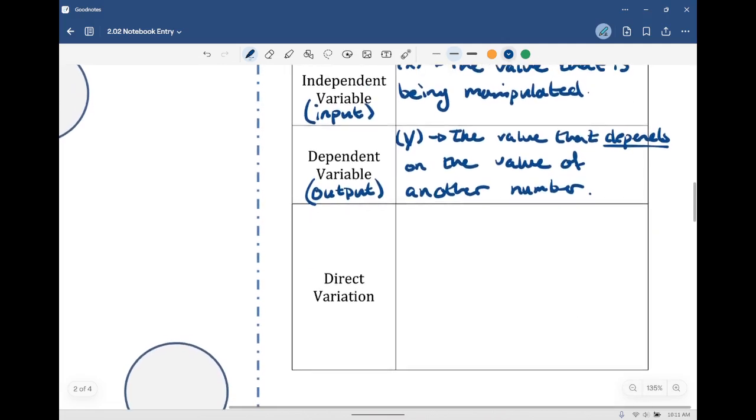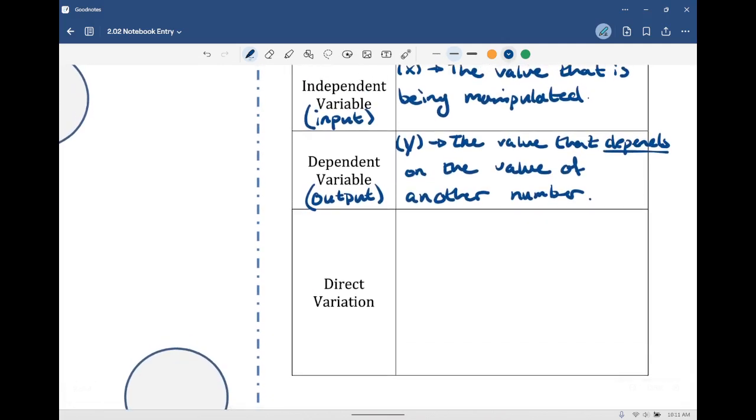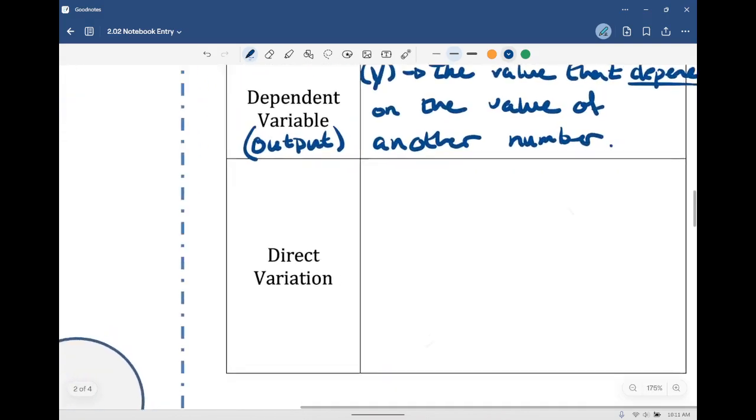Okay, and so lastly, this brings us to direct variation. Now, that y equals kx, that's a direct variation. This has a very specific definition when we think about slopes and equations.